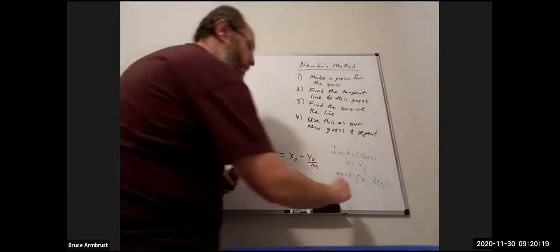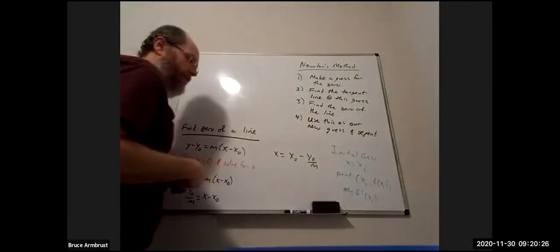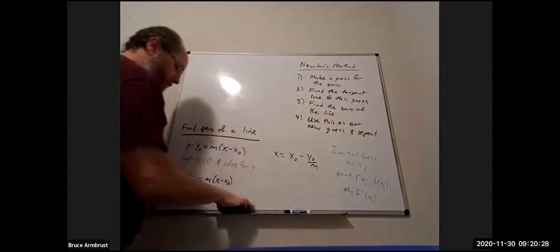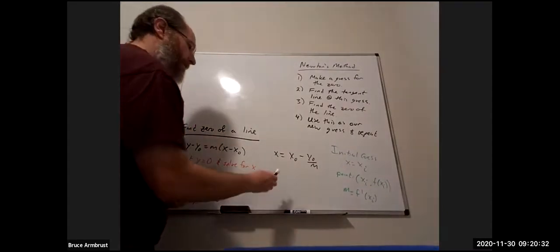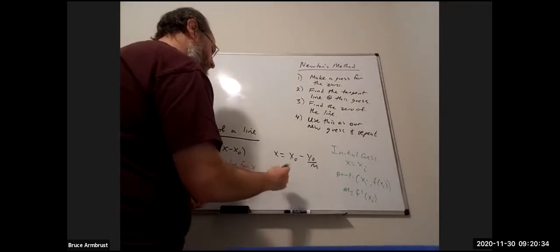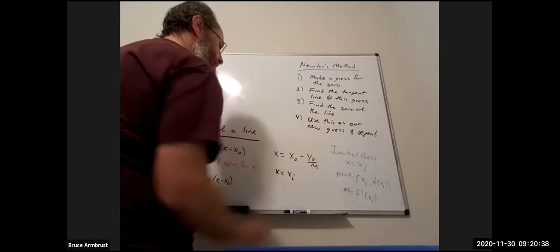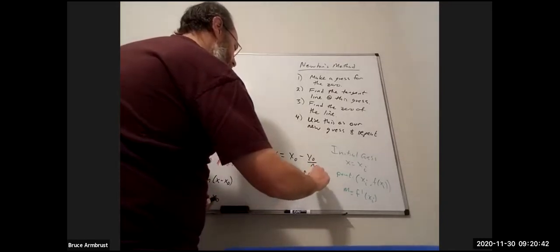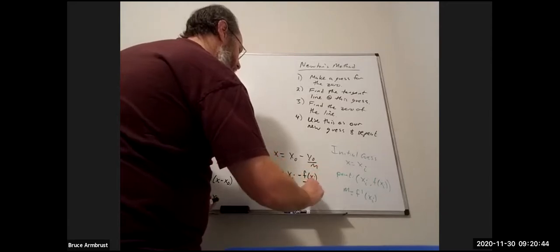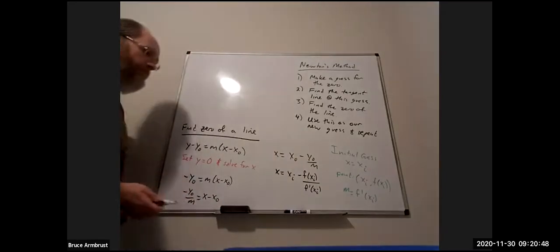And then the slope is going to equal the derivative evaluated at x sub I. All right, well, let me put all this stuff in here then. We're going to get x is equal to x sub I minus f of x sub I over f prime of x sub I.